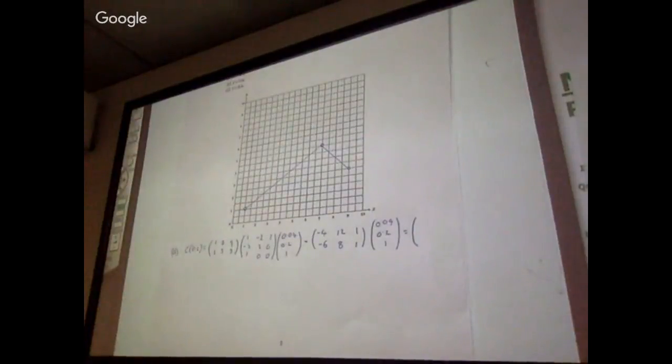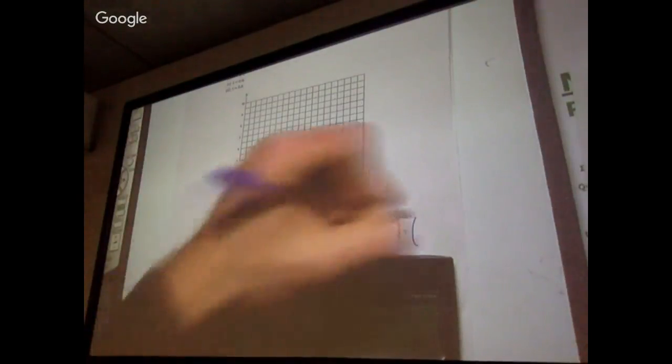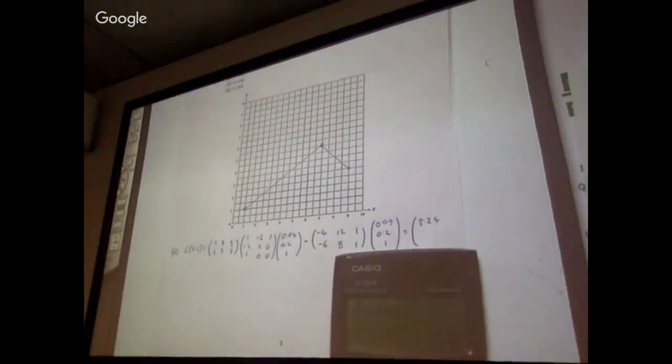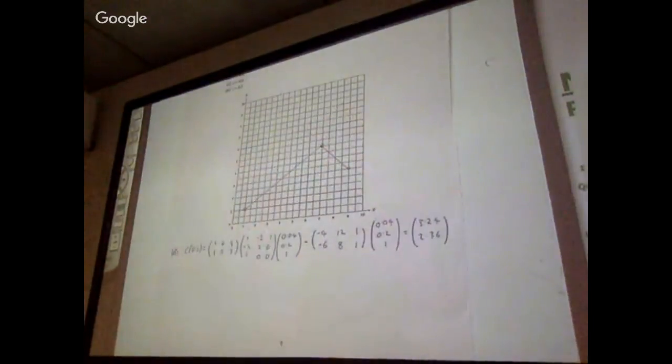So I've got 2 by 3 multiplied by 3 by 1, so I'm going to end up with a 2 by 1. I'm going to reach for the calculator at this point. Minus 4 times 0.04 plus 12 times 0.2 plus 1 is 3.24, and minus 6 times 0.04 plus 8 times 0.2 plus 1 is 2.36.